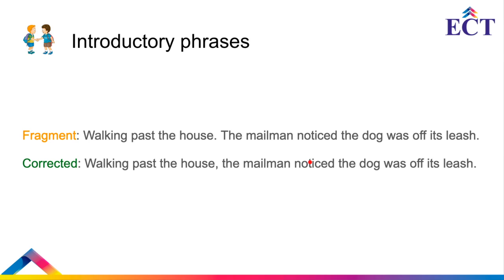Introductory phrases. So, fragment: Walking past the house. Now, this is how we introduce. The mailman noticed the dog was off its leash. Okay. So, walking past the house, this is introducing the mailman, how he was when he noticed the dog.